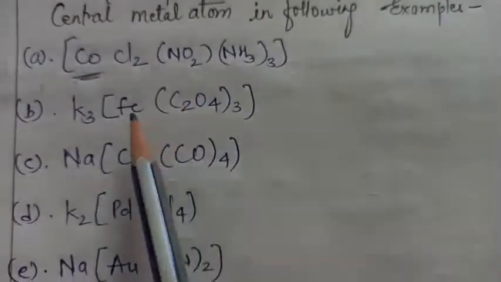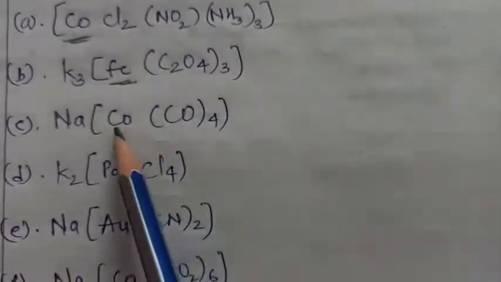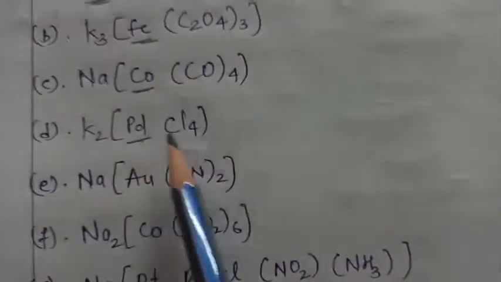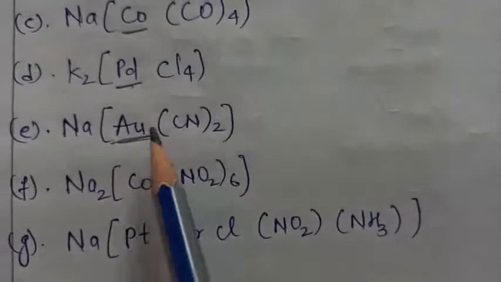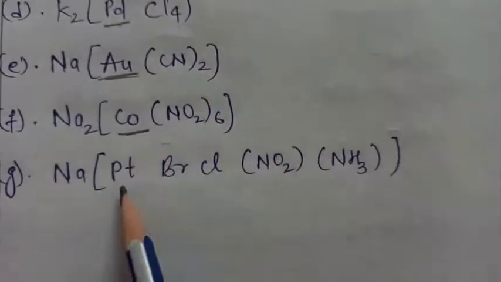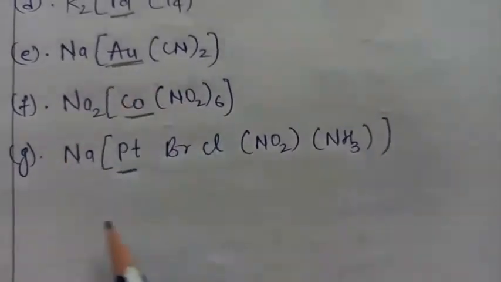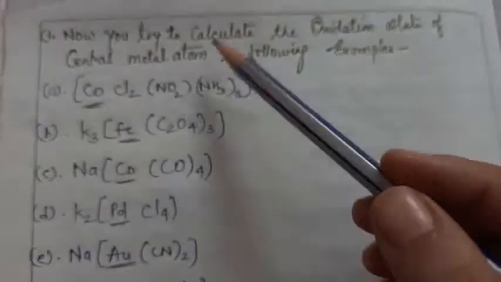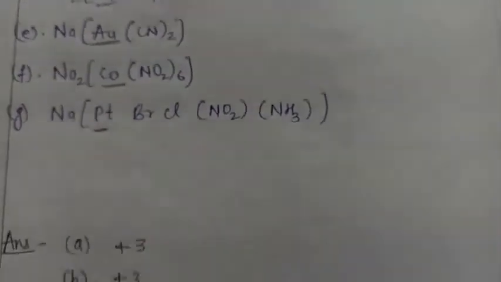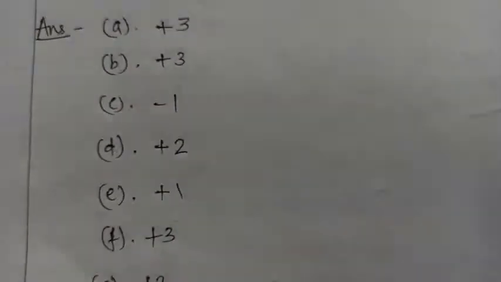Calculate for this. Here iron is the central metal atom. In this example again cobalt. Here palladium. Here Au. Au is what? Gold. Then here cobalt. Here platinum. So these are the examples which I have given. You try it and then match your answer with this list.